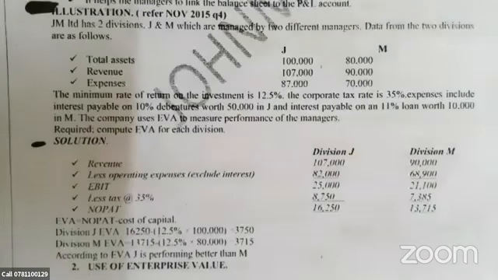Expenses include interest payable on 10% debenture worth 50,000 in J, and interest payable on 11% loan worth 10,000 in M. Remember, you have said that when you are getting the NOPAT, number 1, you have to add back the interest. So first of all, let's get the interest. We have division J and we have M, and you are told that the expenses include the interest.